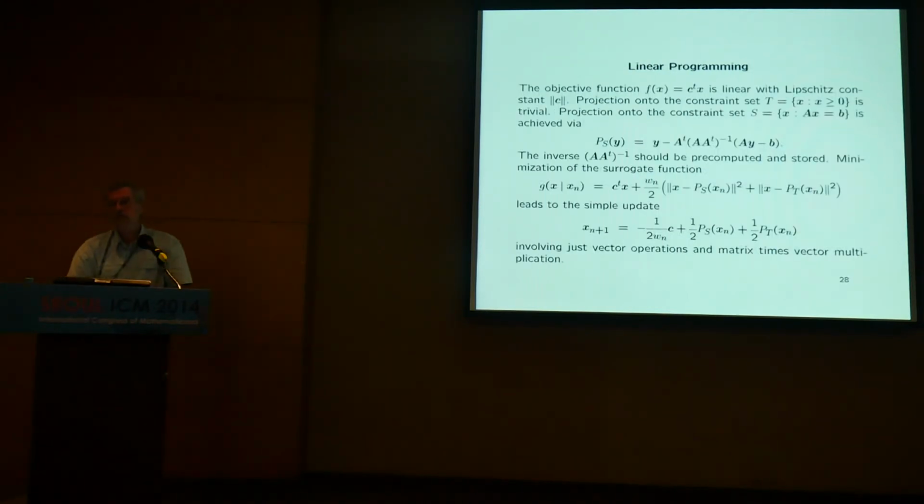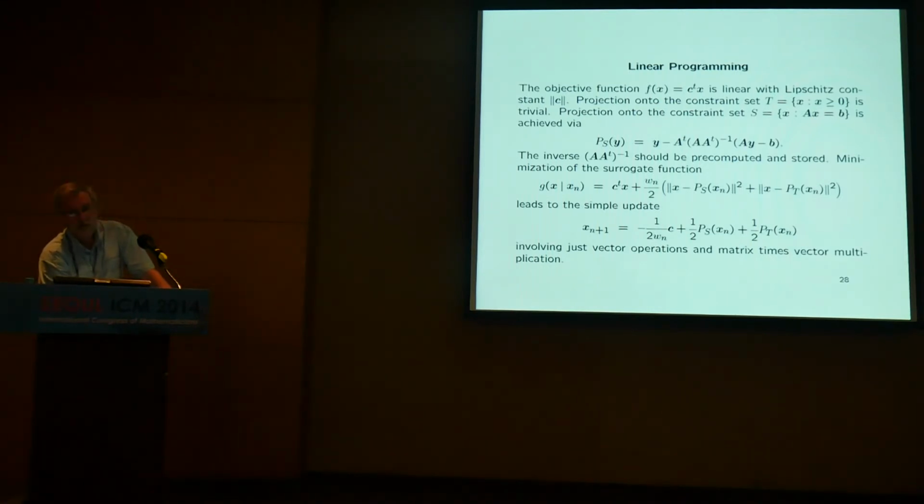So we tried this on the simplest problem, but one that's applied probably more often than any other in computational mathematics, linear programming. I wanted to see how it worked. It's a very simple objective function with a Lipschitz constant that's given by the Euclidean norm of the vector c entering in the objective function.